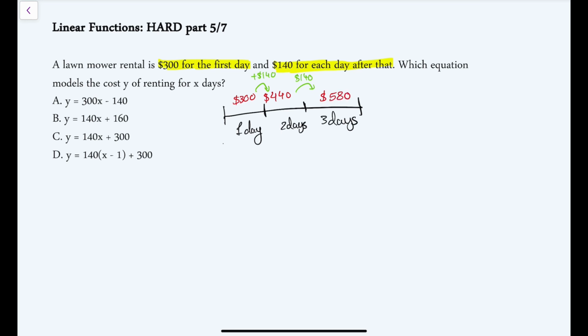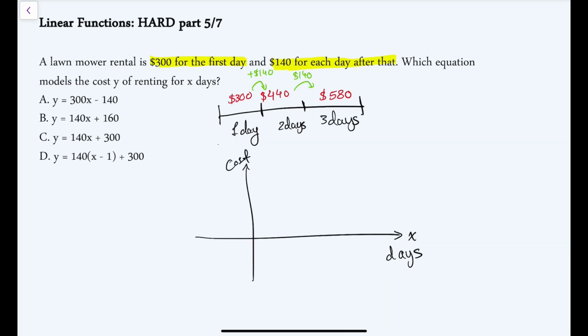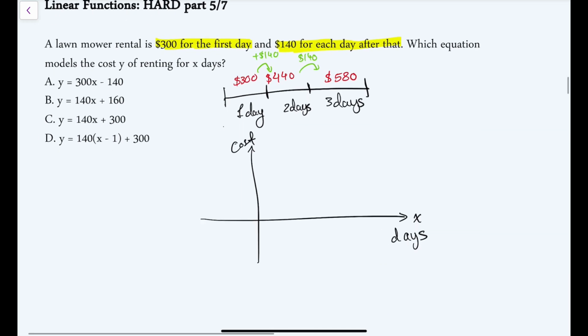Okay? Now, as I mentioned before, when we're talking about an initial value or starting value, that will always give us the y-intercept. So if our x represents number of days, and our y represents the cost, let's see if we can illustrate this as a graph now.